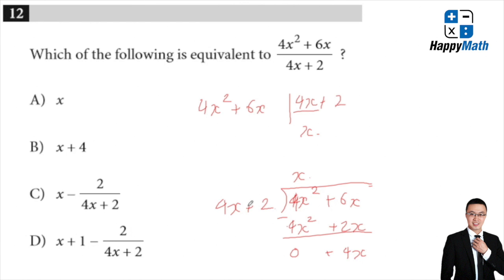And 4x divided by 4x, you get plus 1, and multiply again, you get 4x here and 2, and here is 0.